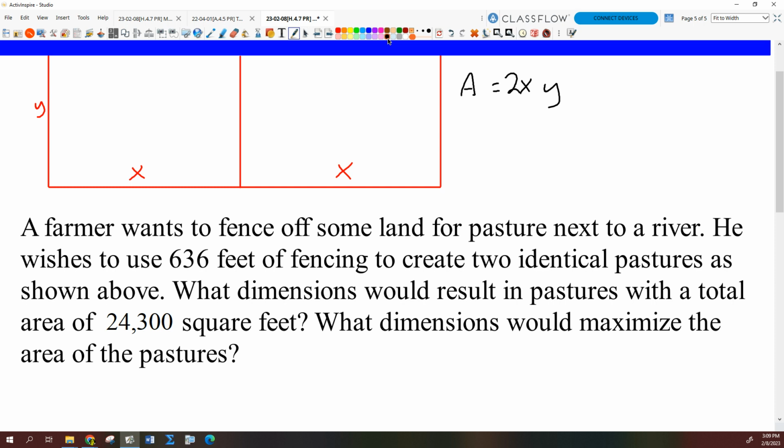Okay, well, what's the problem with that? If I want to do the second part, what dimensions would result in pastures with a total area of 24,300 square feet?